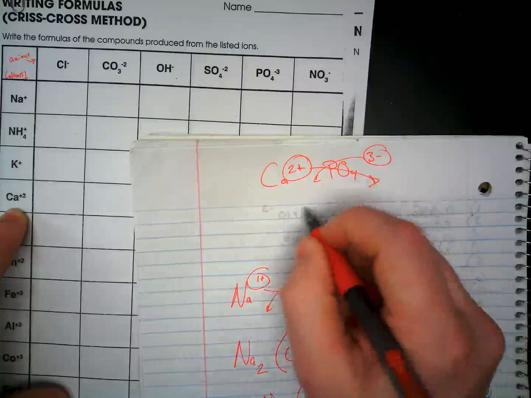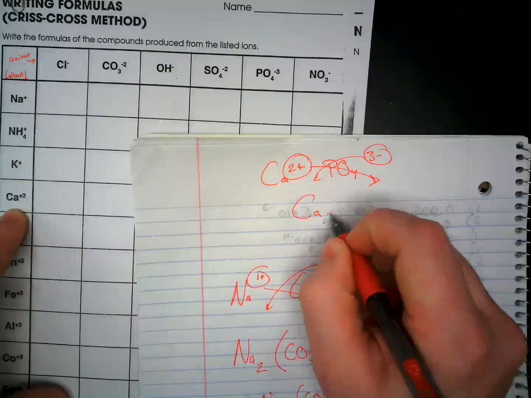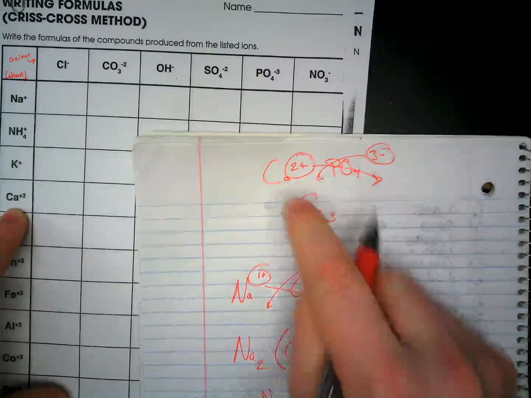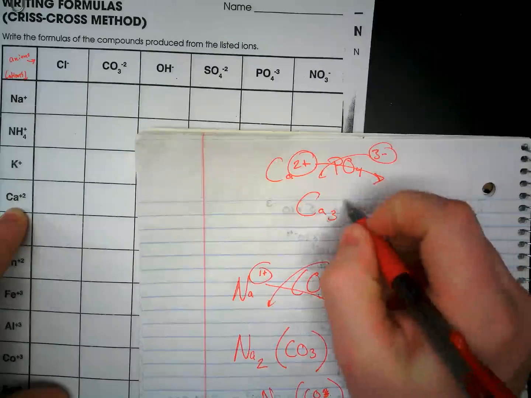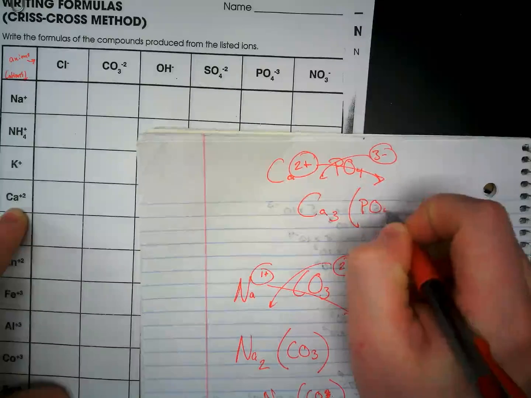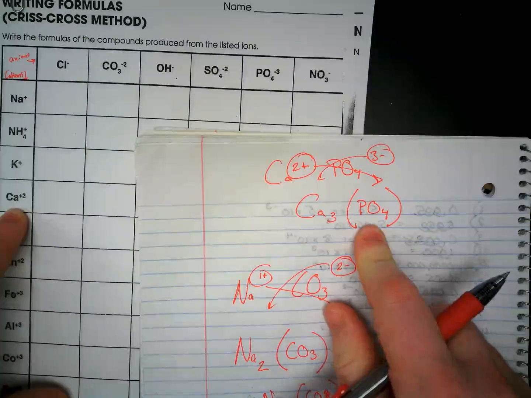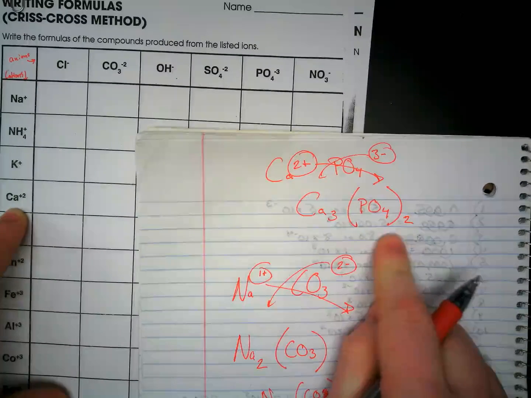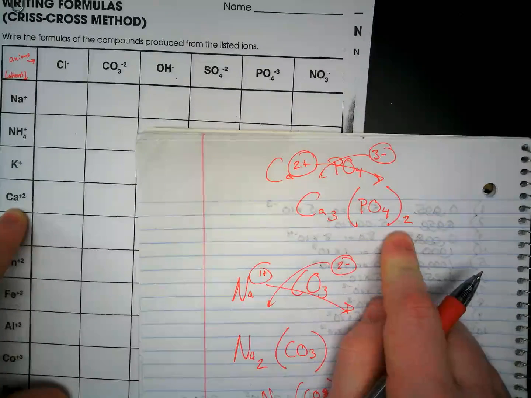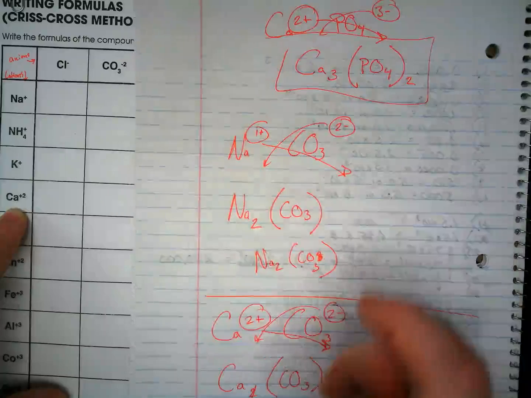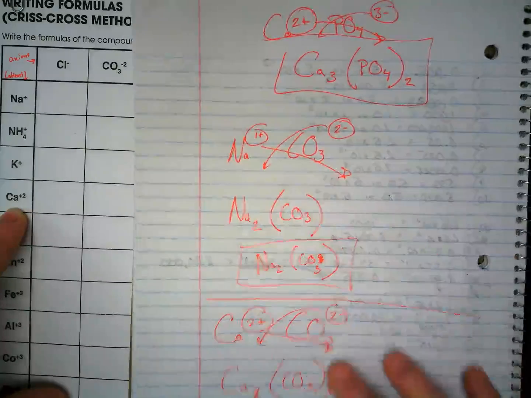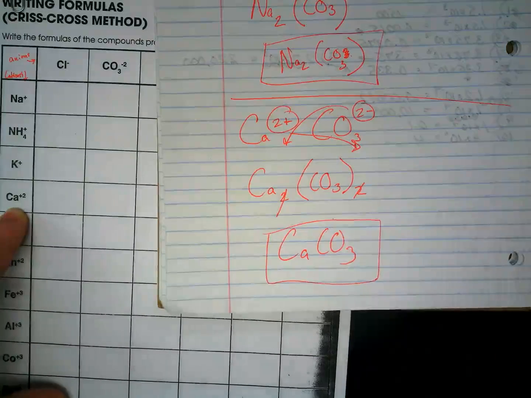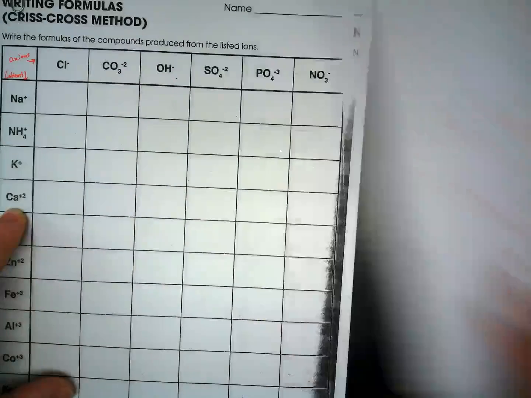Then you would have 3 calcium atoms, and we're going to keep phosphate all by itself, locked in that parentheses. We're going to toss the 2 outside of the parentheses just like that, and you'd have your answer. That's what you do in all 3 of those examples.